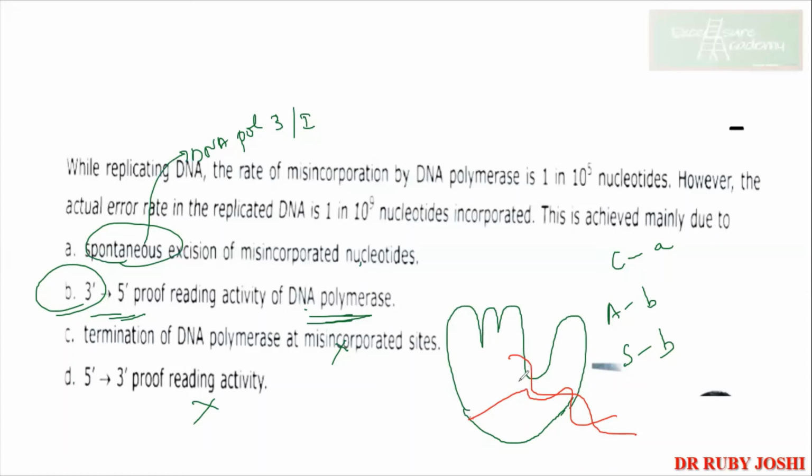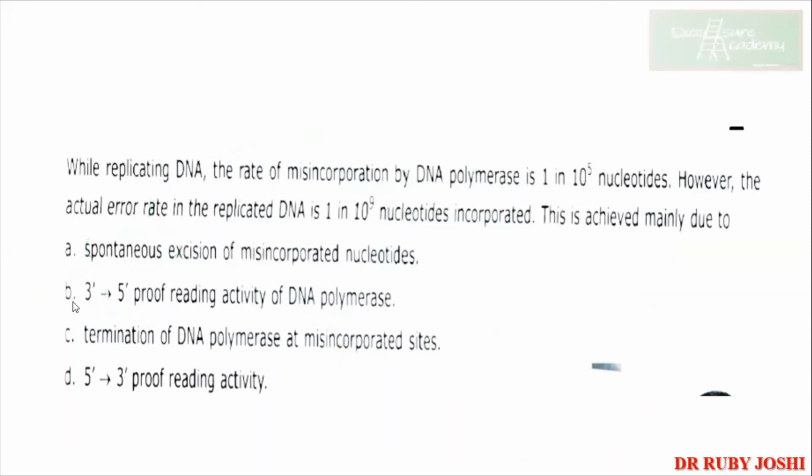Because of this, the DNA polymerase activity will reduce and its exonuclease activity will increase. That exonuclease activity is nothing but the 3' to 5' exonuclease activity. It is going to remove the wrong nucleotide which has been added. Once it has been removed, the polymerase activity will be regained and it will start adding the new nucleotides. Is it clear now, everyone? Chandni, is your doubt clear? Yes, ma'am. So the correct answer is the second.